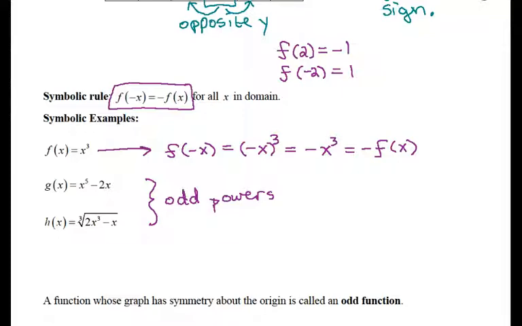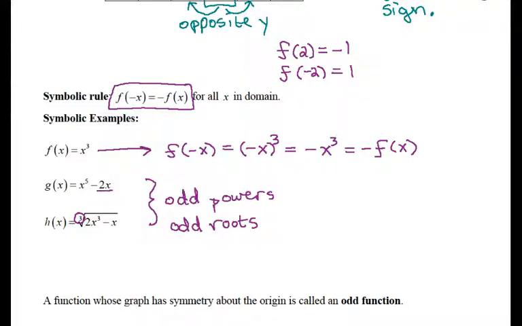But we could also have odd roots. Like, for example, a cube root here. Odd roots also preserve signs. So any function that is comprised of odd powers and odd roots, in which every term is an odd power or an odd root of the variable, is going to have this kind of symmetry.